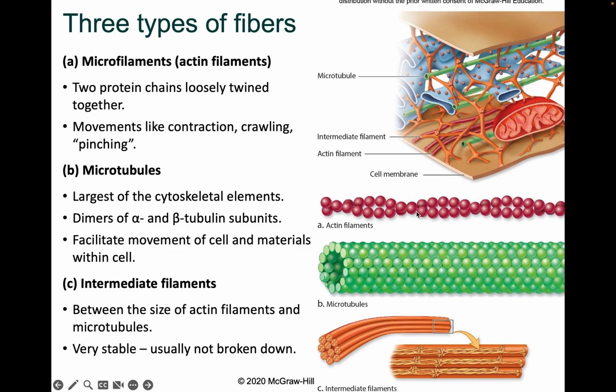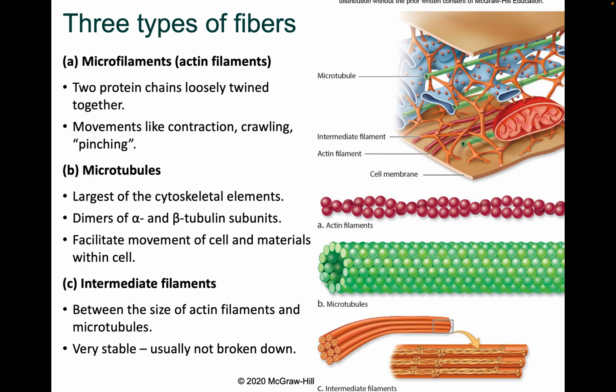This one filament then combines with another filament to create a structure made of two actin filaments, shown here. This actually looks kind of like a pearl necklace that you see on your grandma or whatnot. They're quite interesting structures, and they're super important for cell movement, specifically contraction and crawling.